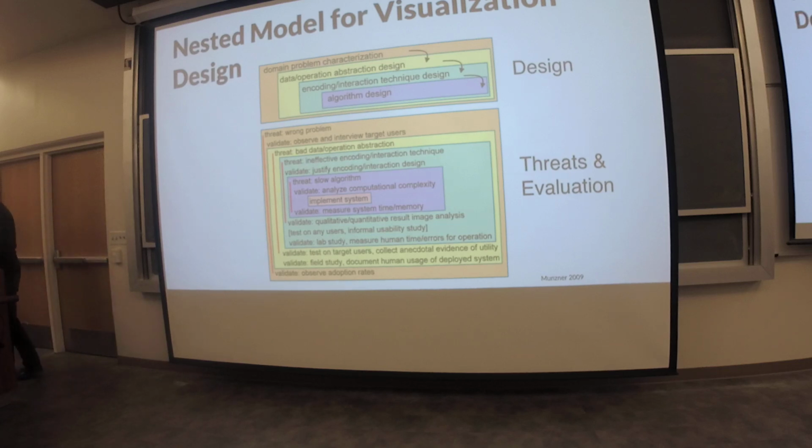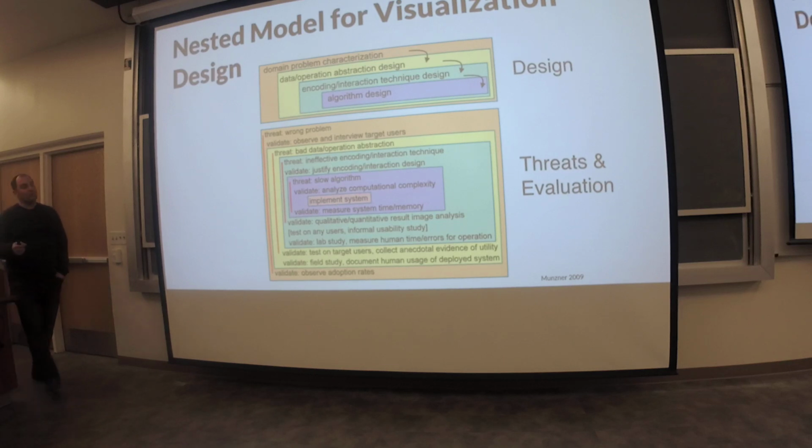A threat at the second level, the data operation abstraction design, is that you simply get it wrong. And how do you validate that? It doesn't actually specify here, but yeah, just don't get it wrong. Just think about what you're doing. At the encoding interaction technique design, you could choose an ineffective encoding or an ineffective interaction technique.